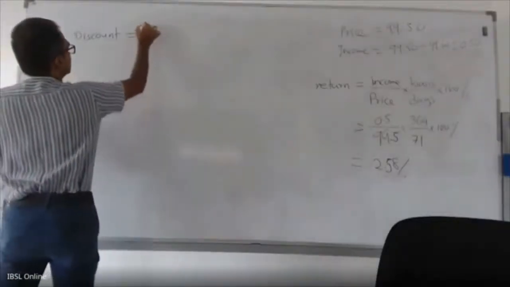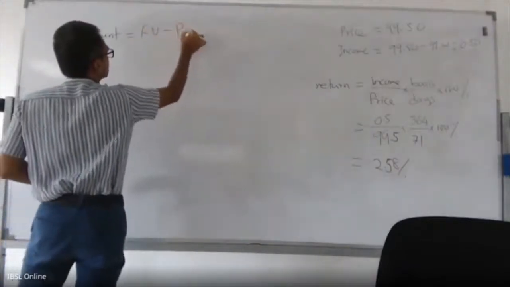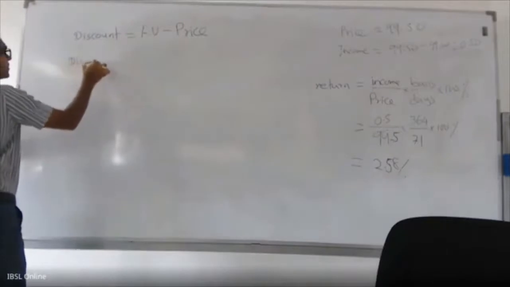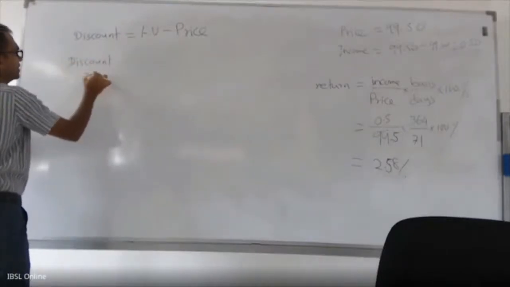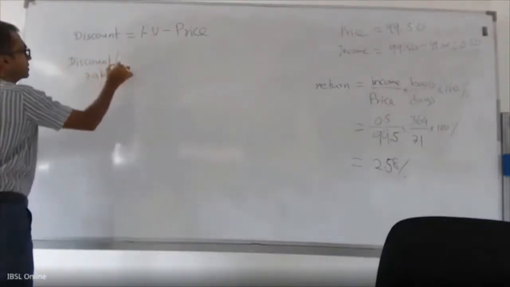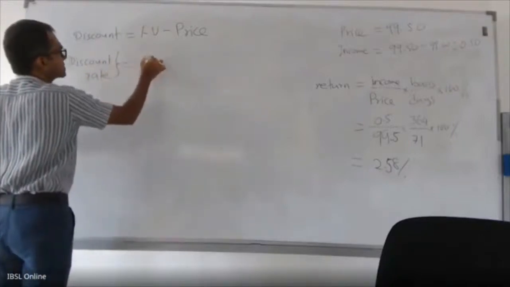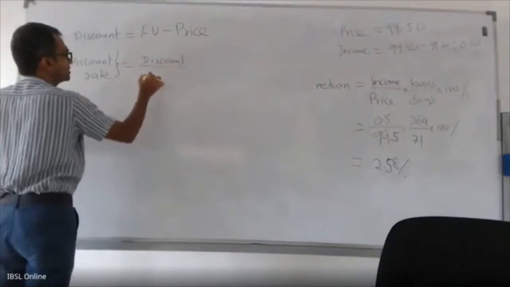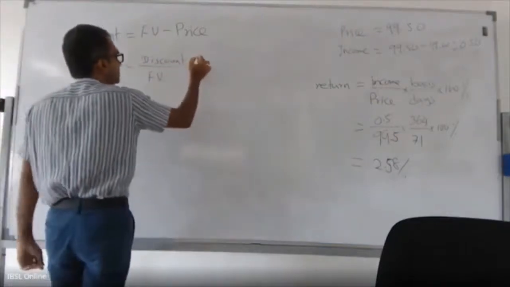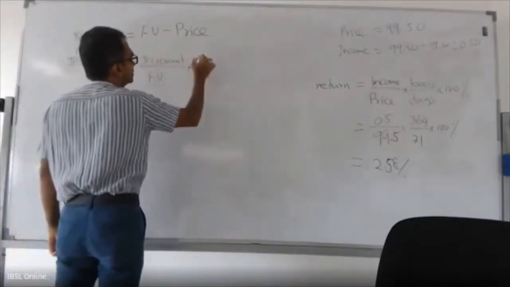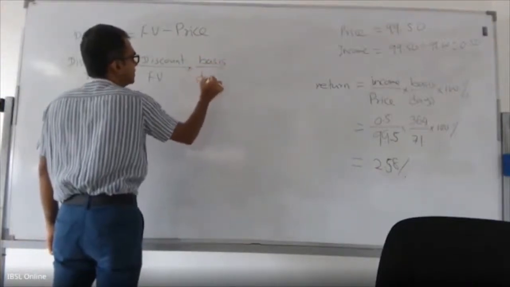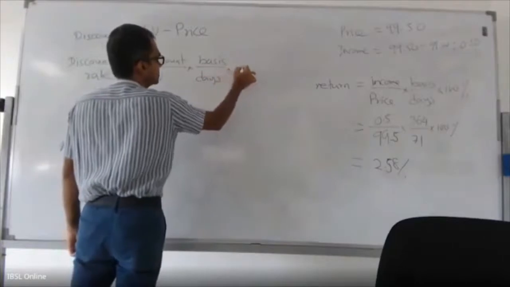So the discount is face value minus price. Discount rate is discount over face value into basis divided by days into 100.